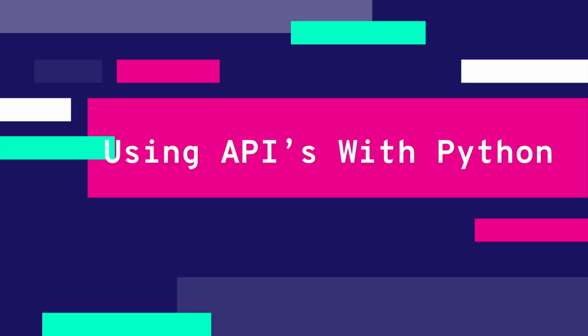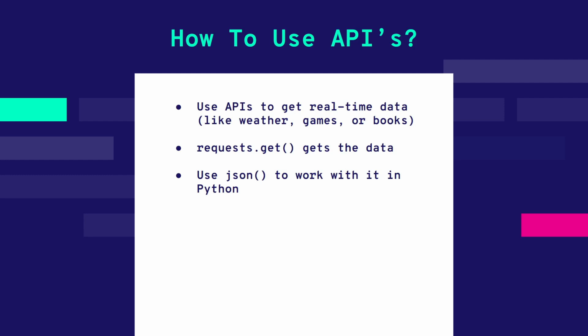Alright, now moving on to APIs inside Python. APIs give you data from websites. You use requests.get to get the data, and you use JSON functions to work with it in Python. The main reason you use APIs is to get real-time data because you don't have that data accessible with you.